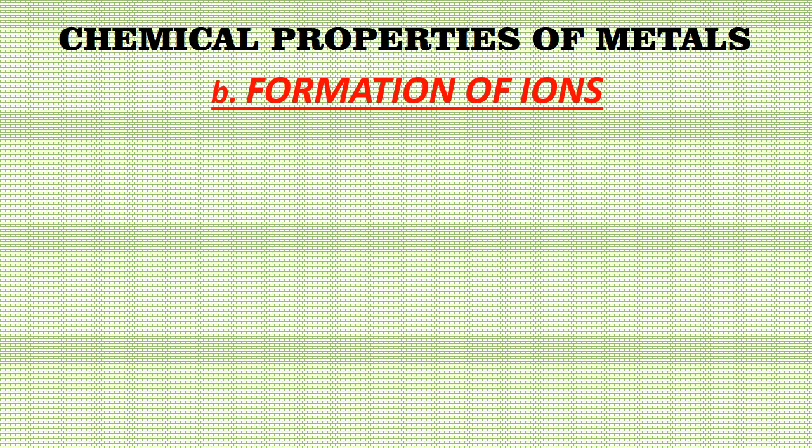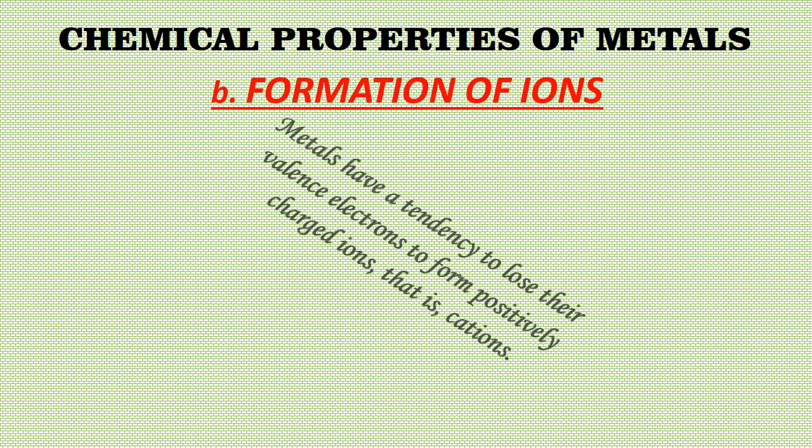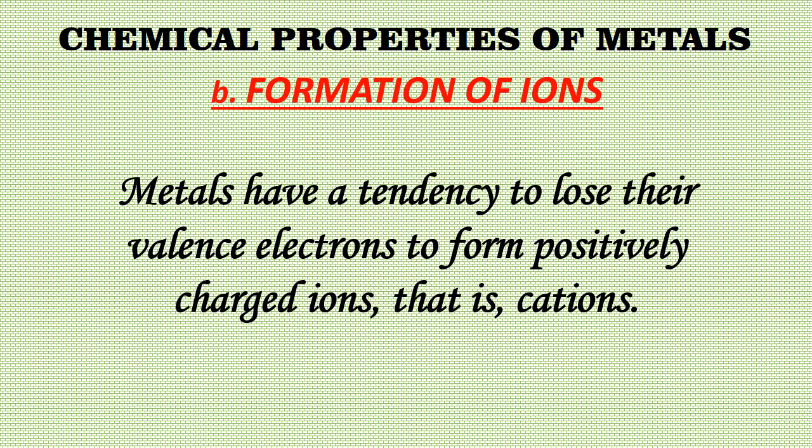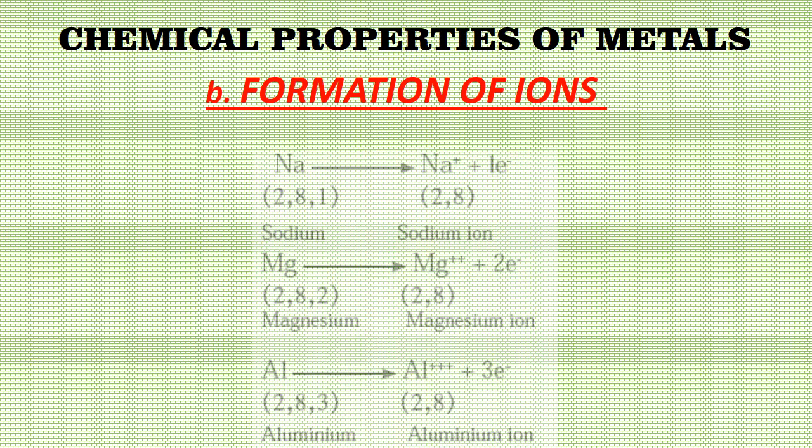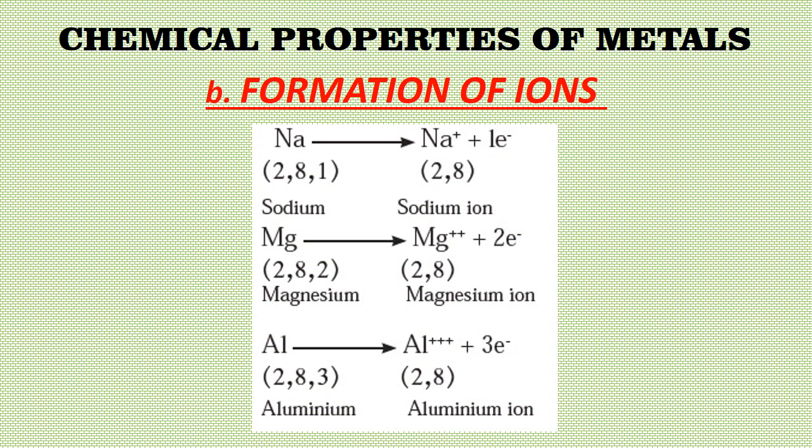Next we have formation of ions. Metals have a tendency to lose their valence electrons to form positively charged ions, that is cations. Here we have few examples. First we have sodium.